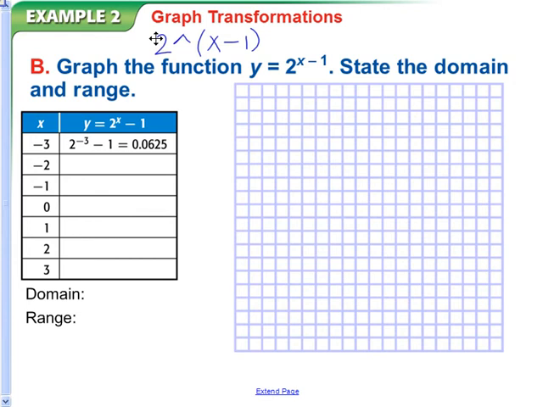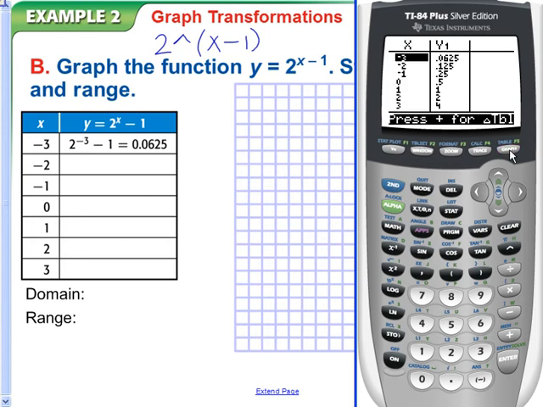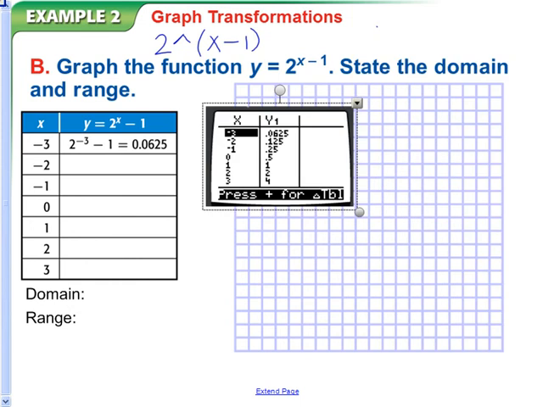Otherwise it only raises it to the x, and it would think that it's 2 raised to x minus 1, and that's not correct. So we've got this. Look at our table, second graph, and we can copy those down. So go ahead and hit pause and get those copied down.